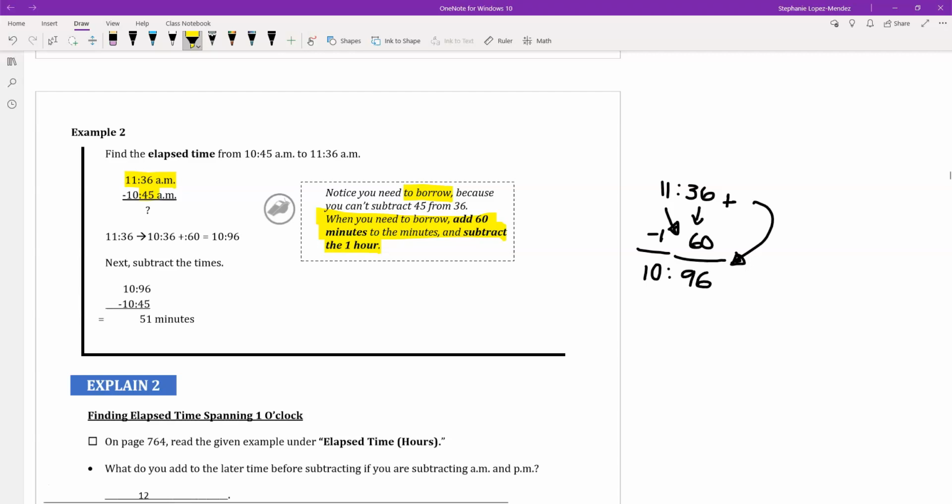Now if we come back to what we were doing, instead of having 11:36, now I have 10:96. That is still greater than 10:45.